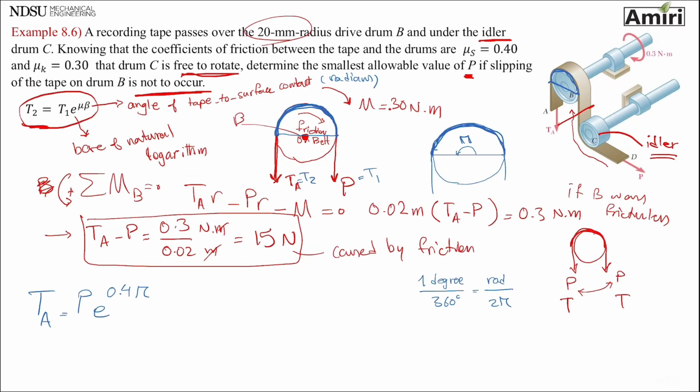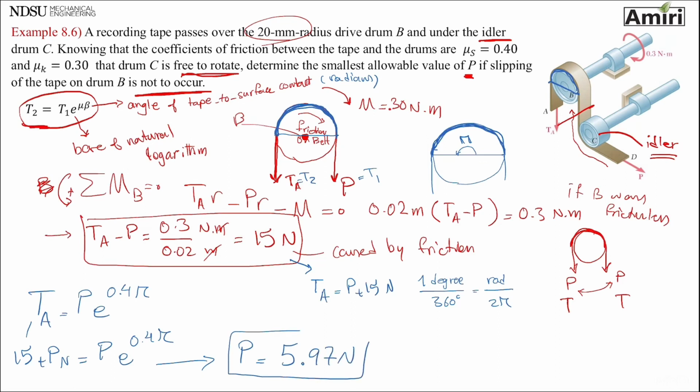And that's it. TA I can replace with P plus 15 newtons. So 15 plus P newtons equals P e to the 0.4 pi. The only unknown here is P, and it will result in P being 597 newtons.